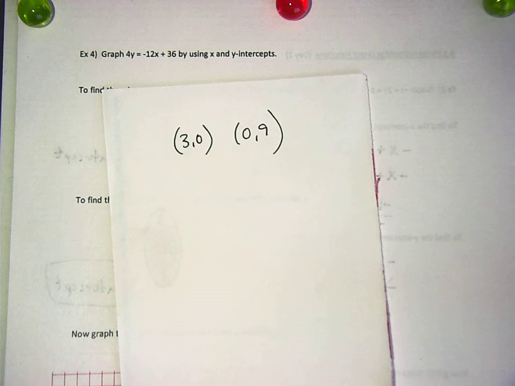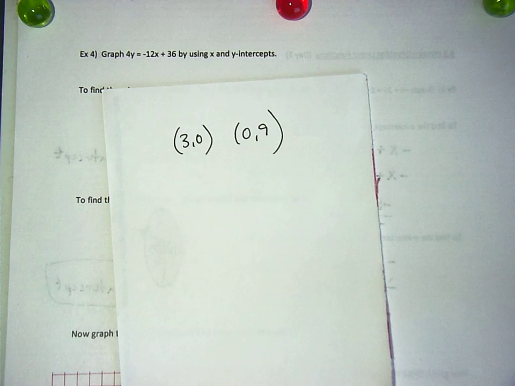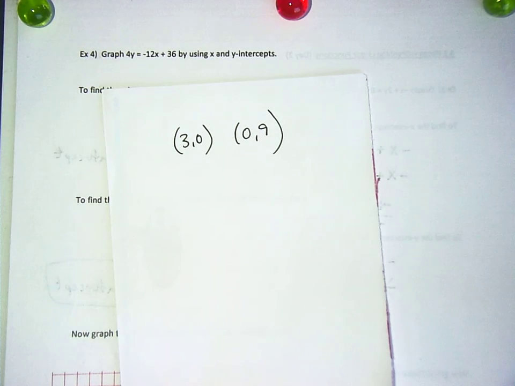Plug in for 0. It says to find the x-intercept, say y equals 0, right? This has to be 4 times y, so it's 0 here now. Right, now we take negative 12x equals 36. So what should we correct first?